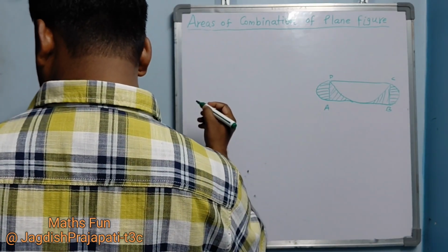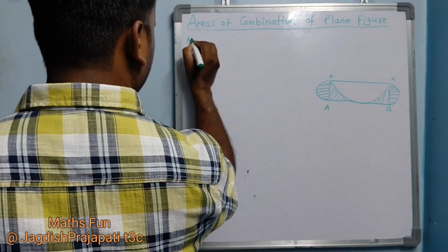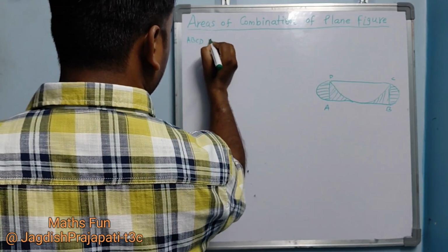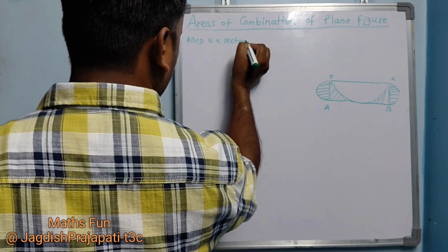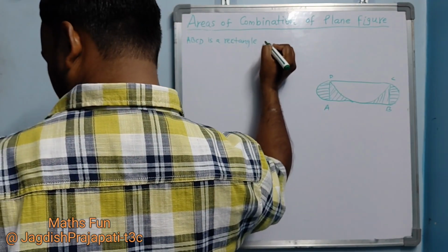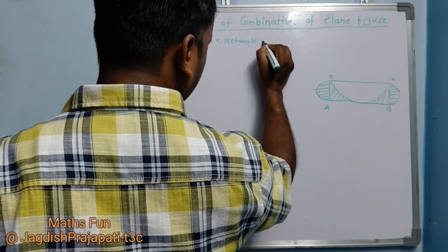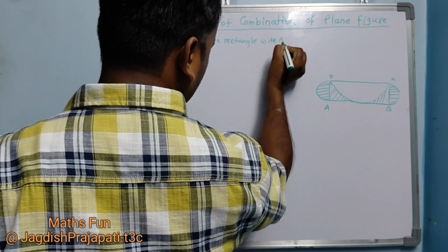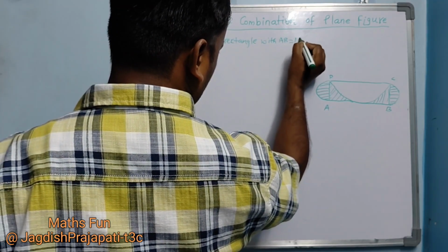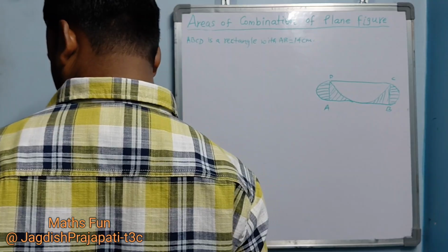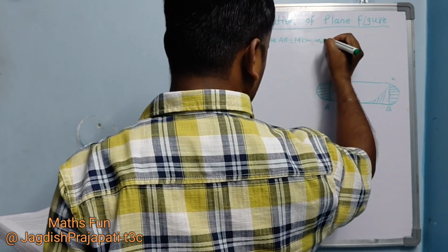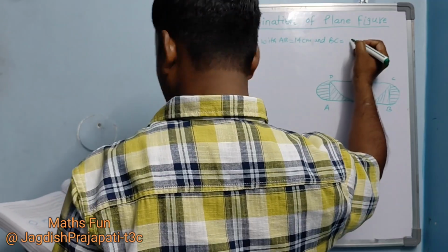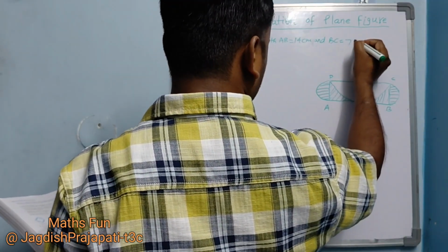ABCD is a rectangle with AB equal to 14 centimeter and BC equal to 7 centimeter.